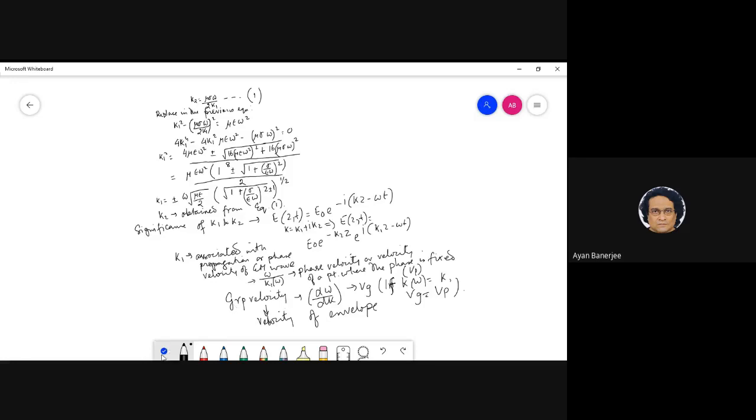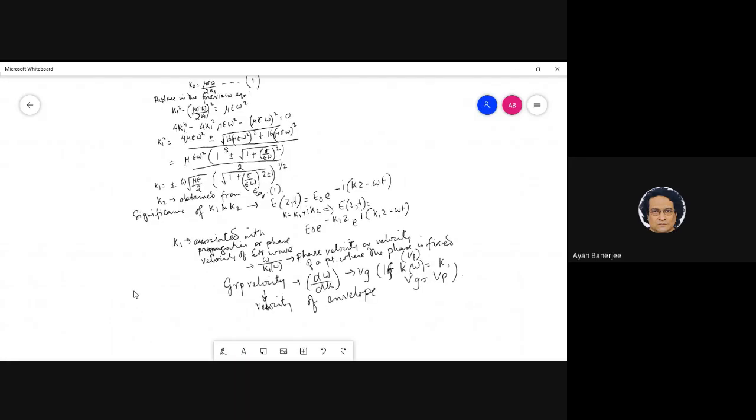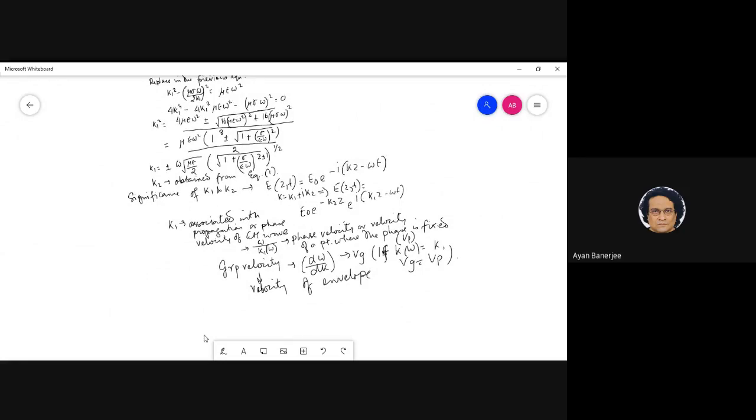However, what is more interesting is what is K2. You can straight see K2 is associated with absorption or attenuation.